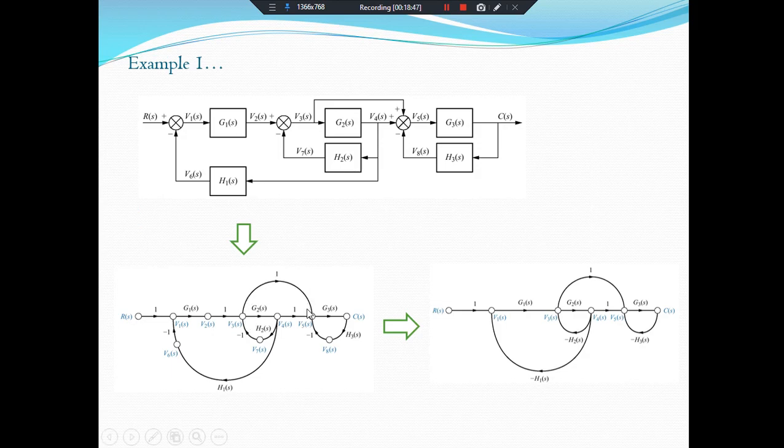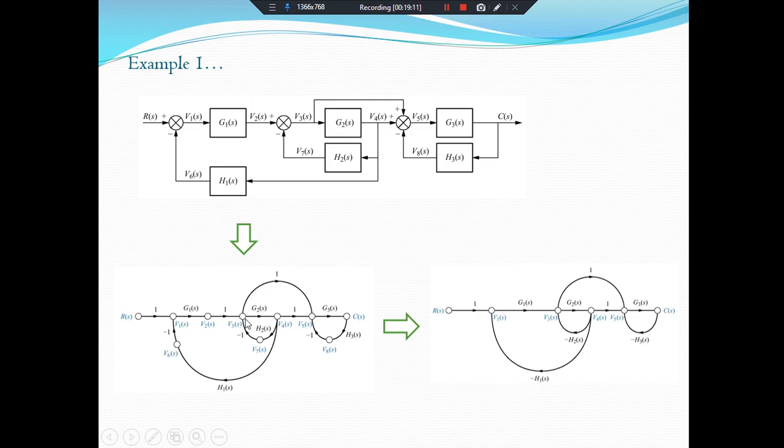This is the loop. How can you say it's a loop? A loop is the branch which starts at the same node and ends at the same node. This is not the loop, because the direction of the arrow is not towards that loop.